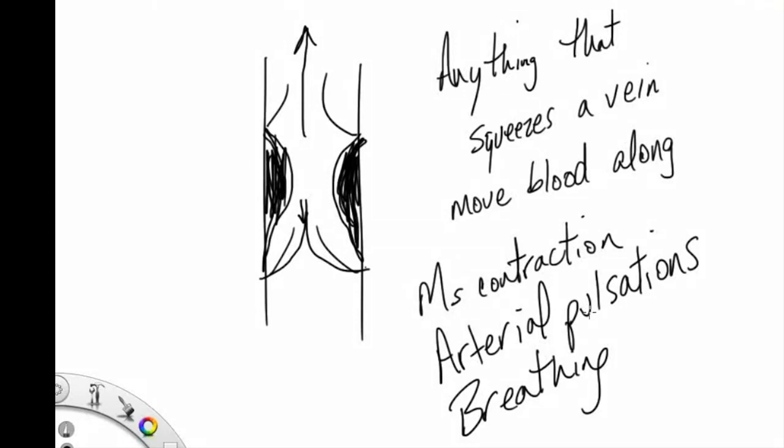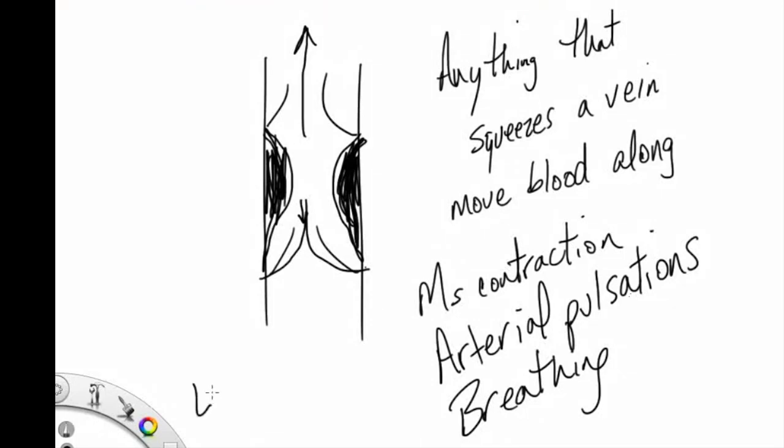Whatever veins are in there get squeezed, whatever lymphatics are in there get squeezed. So breathing creates pressure on vessels that squeezes them. That's pretty cool. Those are the major ones. Muscle contractions from movement, arterial pulsations, and breathing.